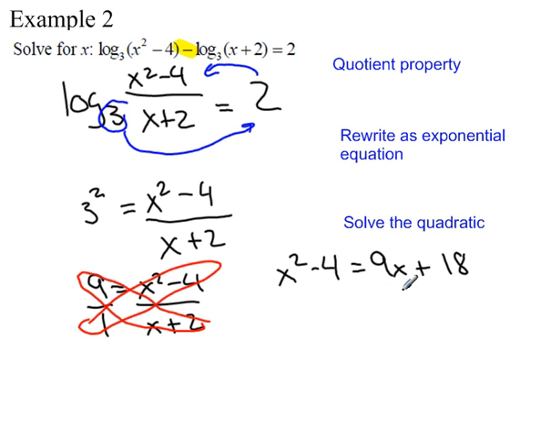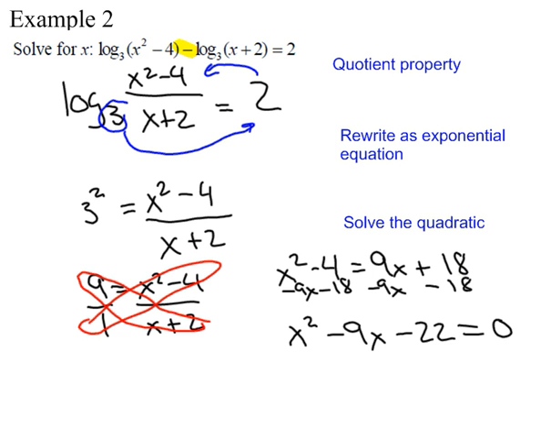So we're going to move the 9x to the other side, and we're going to move the 18 to the other side so that we can set it equal to 0. And we're going to get x squared minus 9x minus 22 equals 0, because moving the 9x to the other side makes it negative, and then moving the 18 to the other side, you get negative 4 minus 18, that's negative 22.